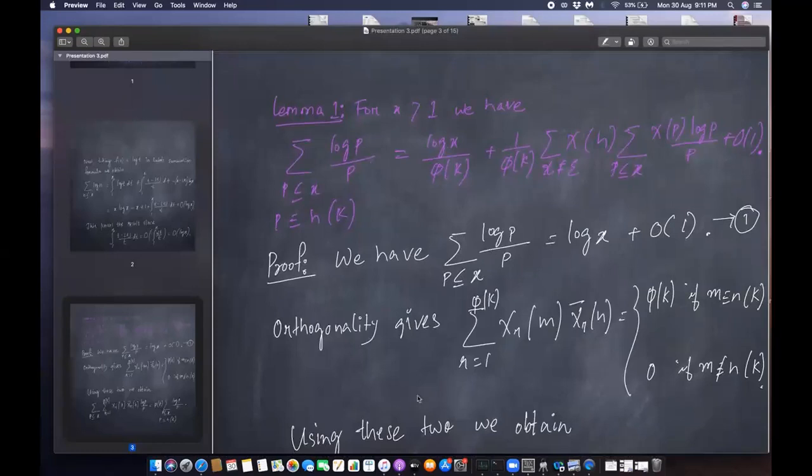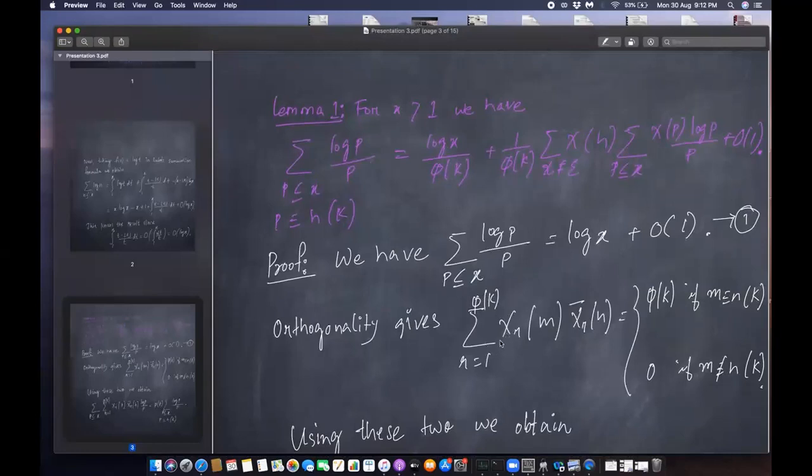If we consider this sum, where the sum runs over all the Dirichlet characters: one thing I forgot to mention is that if we consider Dirichlet characters modulo k, then we have phi of k characters available for our group Z by kZ star.